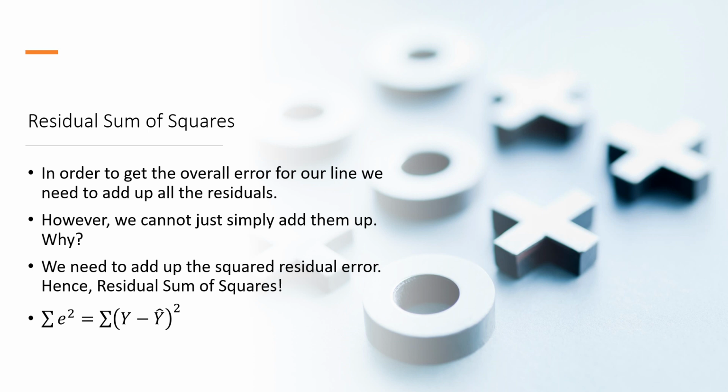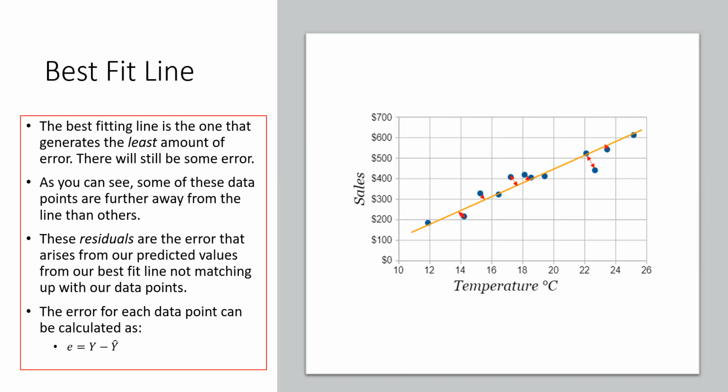And that is because if we just added all the differences between each point and the prediction from the line, we would get 0, because the best fit line is creating a mean prediction, which means that if we add up all the differences between a mean and each data point in a data set, we are going to get 0.